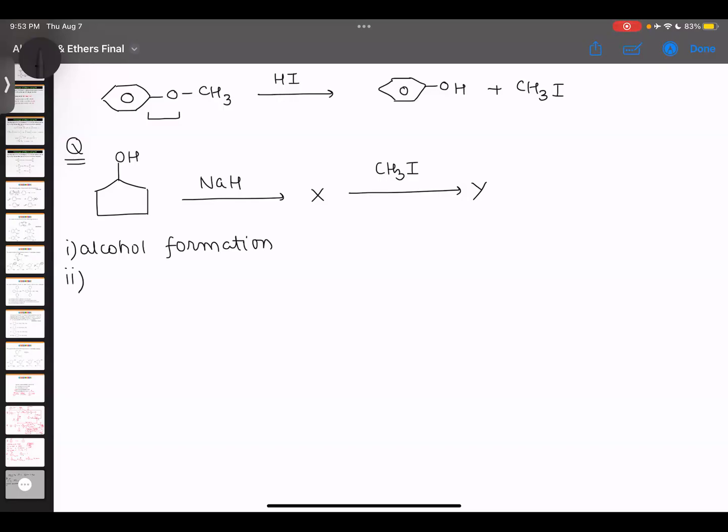Got it? Dehydration. It is Williamson ether synthesis. Or cleavage of ether.